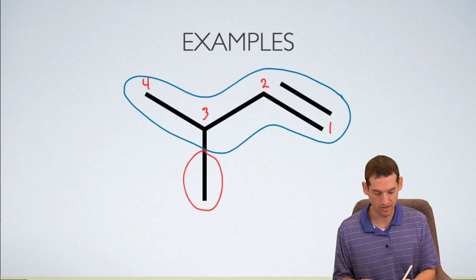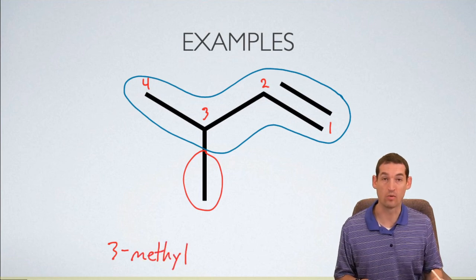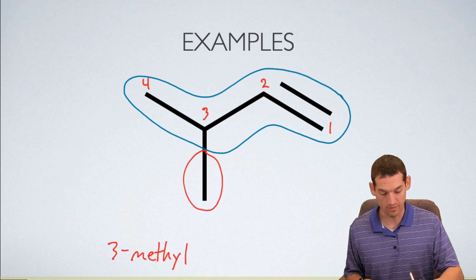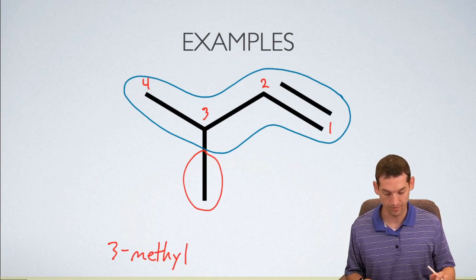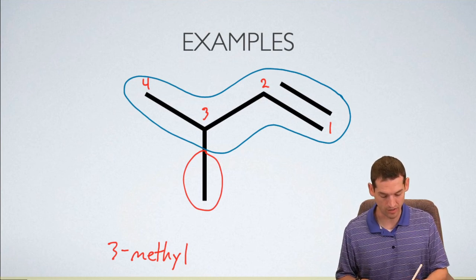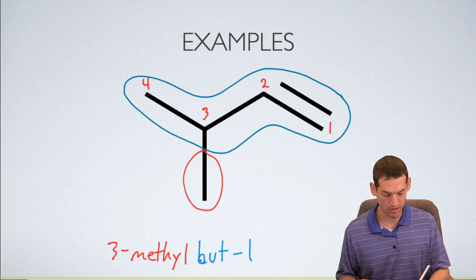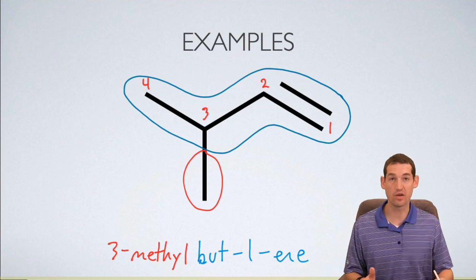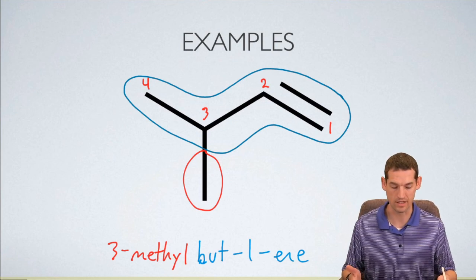So this is a 3-methyl. Remember that yl ending tells me that that's a branch. And then my parent is a 4-carbon chain, which is a but-1-ene. So this is a 3-methylbut-1-ene.